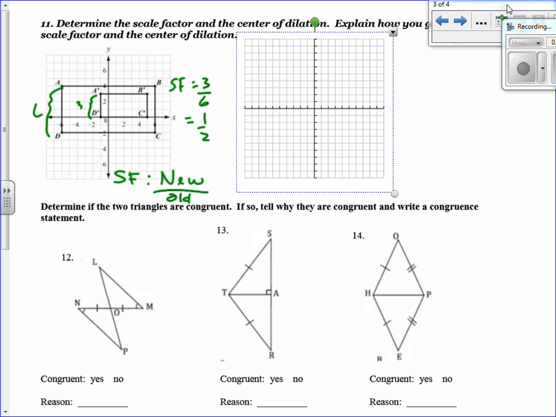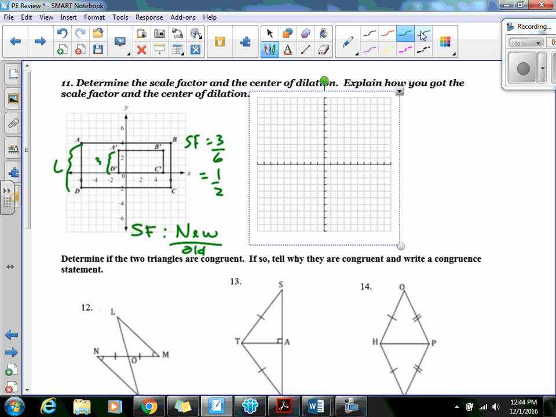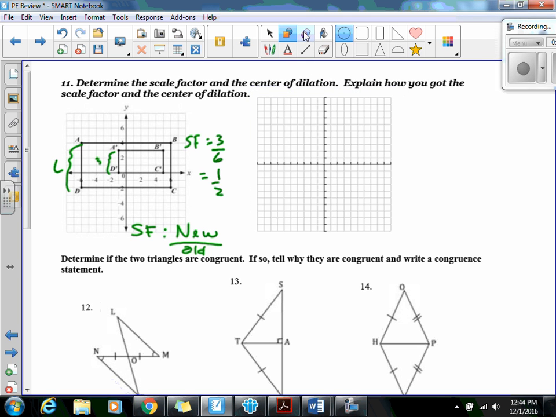Now, it's a little bit different when you have a figure that is slanted, okay? So if I wanted to find the scale factor for this one, I'm just going to draw partial lines here.